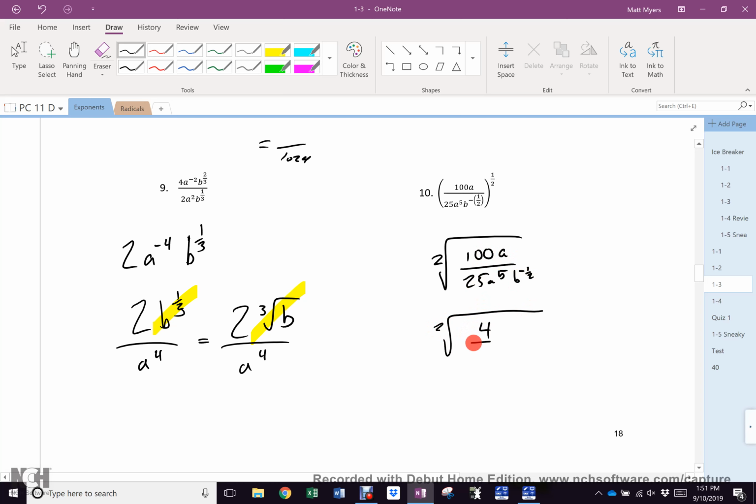A over a to the 5th means there's a to the 4th down there. And where should that b to the 1/2 go? Right? Everyone cool with that? Does 4 have a square root? Does a to the 4th have a square root? A squared.